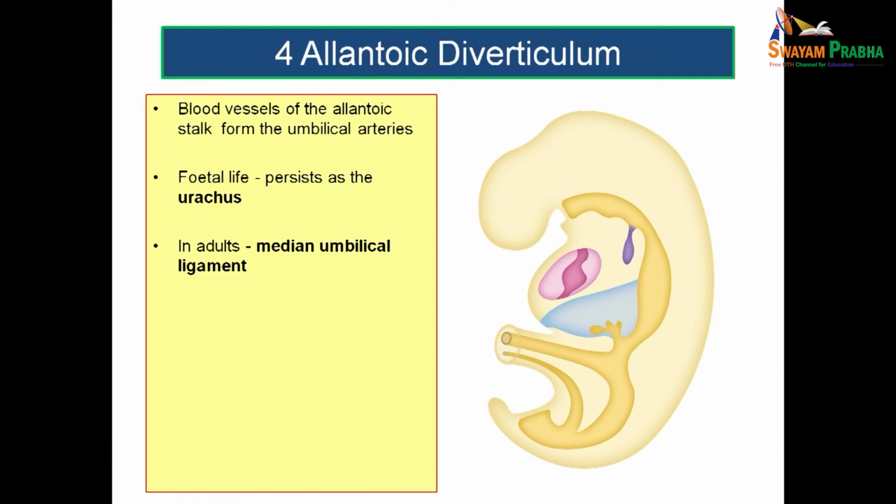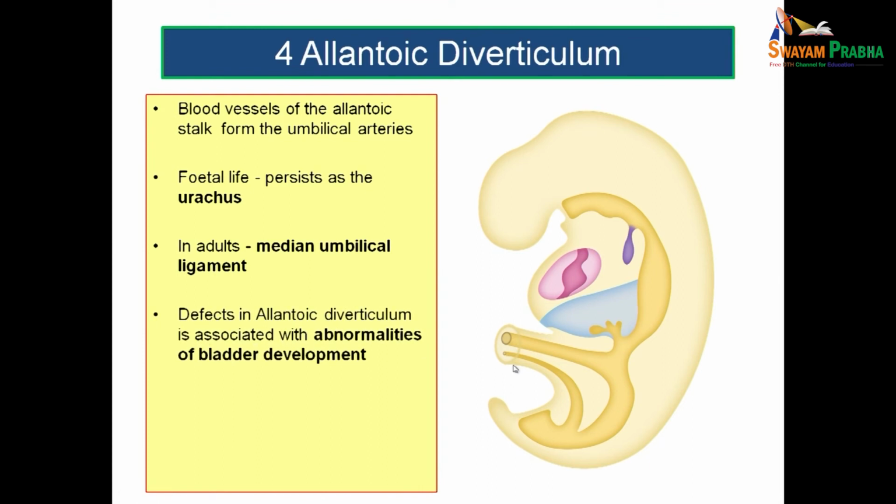So, there are actually two remnants for the allantois. One is in the fetal period, which you call urachus, and one is in the adult period, where you call it the median umbilical ligament. The median umbilical ligament is actually the future region of the urinary bladder. So, it extends from the apex of the urinary bladder up to the umbilical region in an adult.